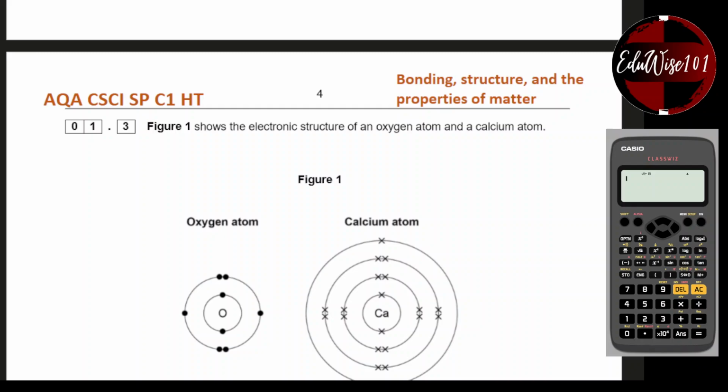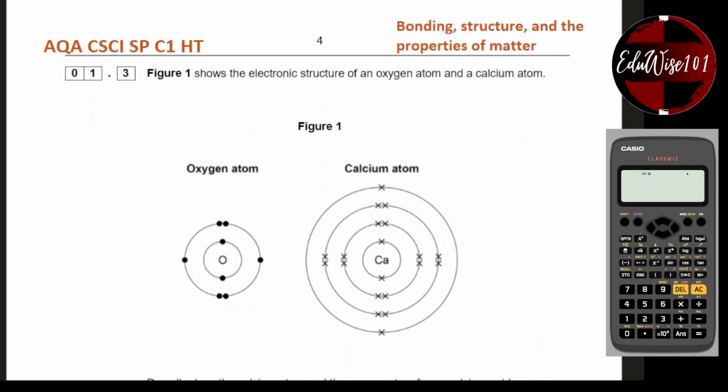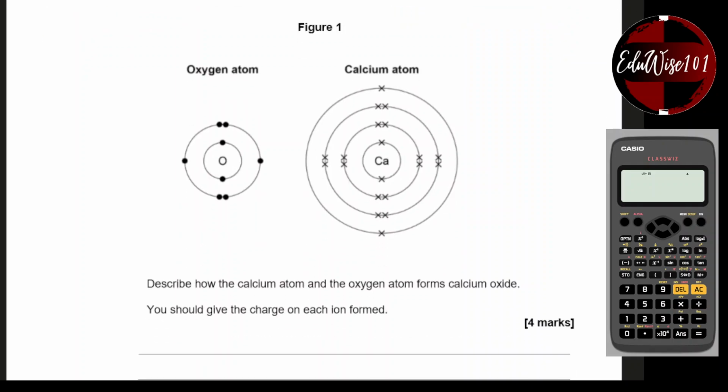Question 1.3. Figure 1 shows the electronic structure of an oxygen atom and a calcium atom. We've got oxygen atom here and calcium atom, showing the electron configuration.